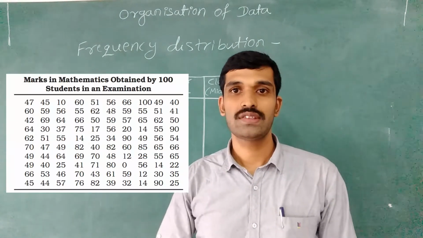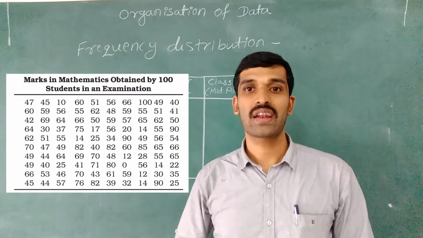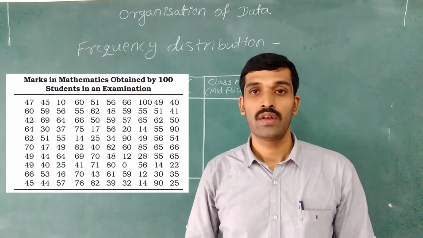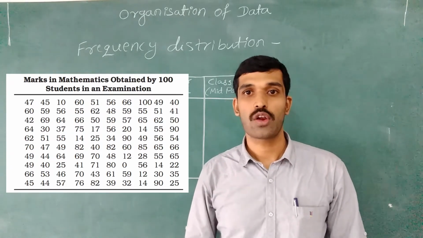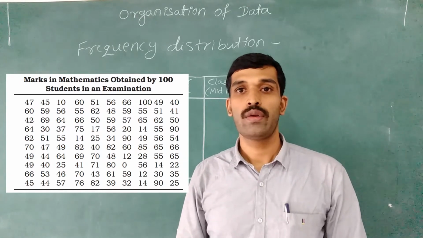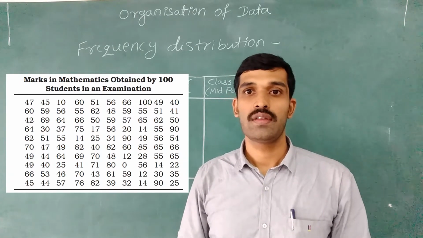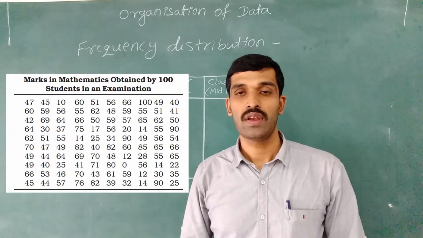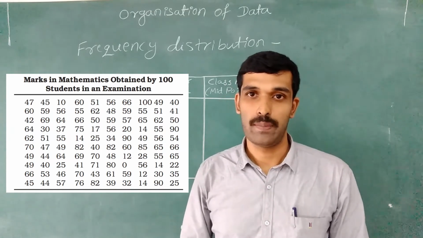In a previous class, I have shown the marks list of 100 students, how much they have scored, in a raw form. You have already seen the list of the marks in a table.